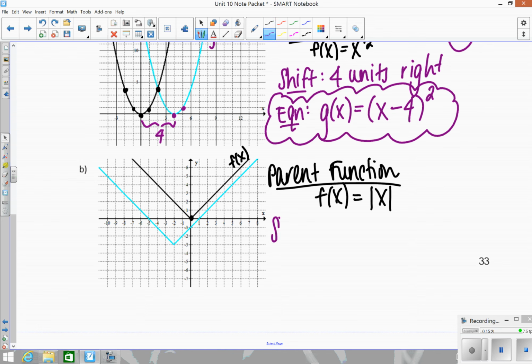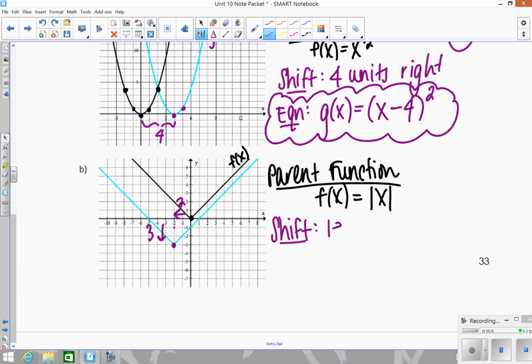The next thing is we have to decide, well, what did we do to that parent function to get to this new one? So the first thing I see is it looks like left 1, 2. So we went left 2. And then down 1, 2, 3. So to go from this point to this point, we went left 2 and then down 3.